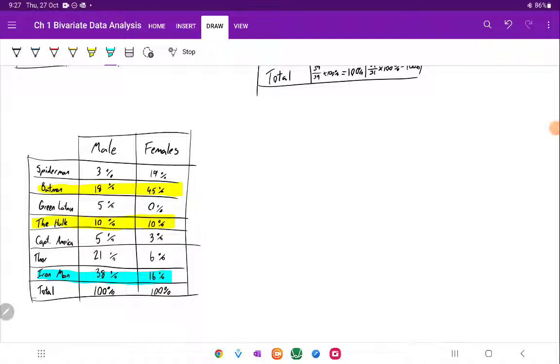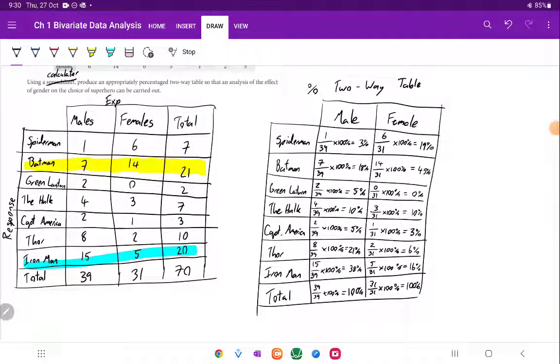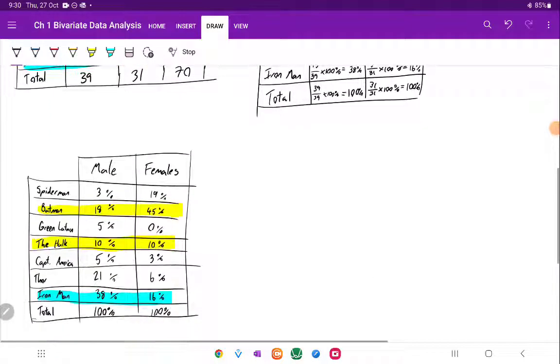Alrighty, so let's actually write down some analysis now. So let's look at the 2 most popular superheroes. We can do it either way, but you can see 21 and 20, the top 2 are Batman and Iron Man. So let me unhighlight Hulk for a second. Okay, so let's make a point. Whenever you're wanting to make a point, you need to say something, and the other thing is you need to give some evidence.